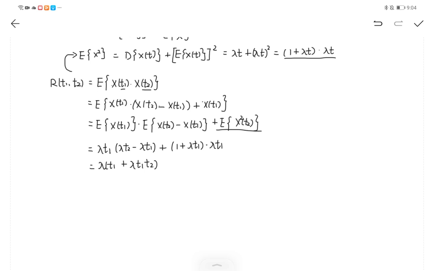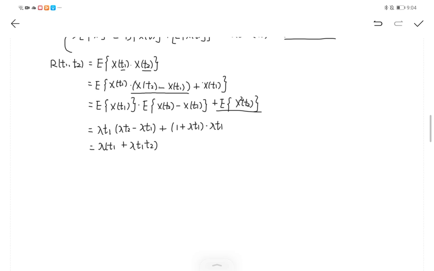That part we write as t1 minus t2, and we have a background that we set t1 is bigger than t2.